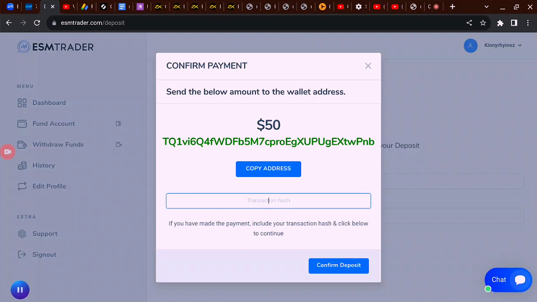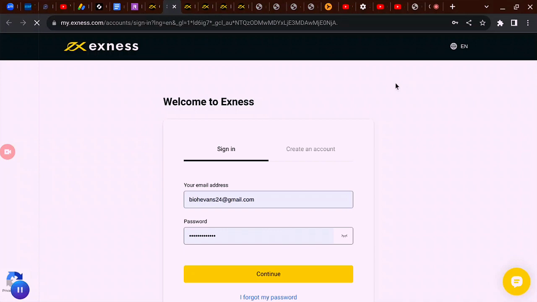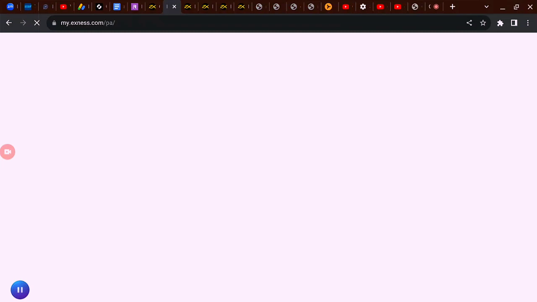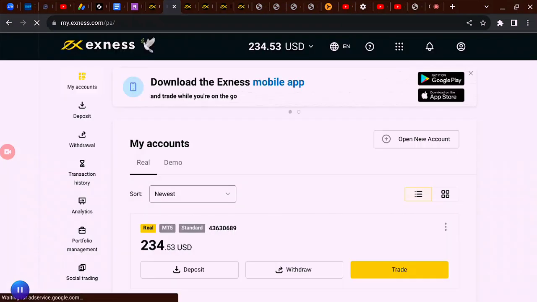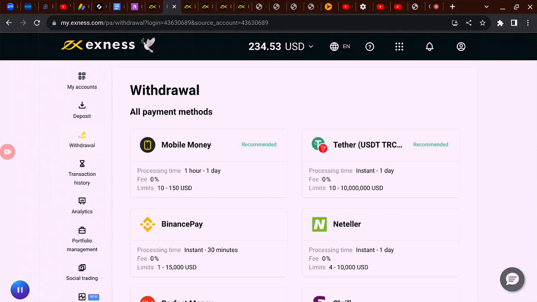Then you copy your address over here. Then you go to Xness. When it comes to Xness, you go to withdraw, because you want to withdraw the money from this account to your Esmtrader.